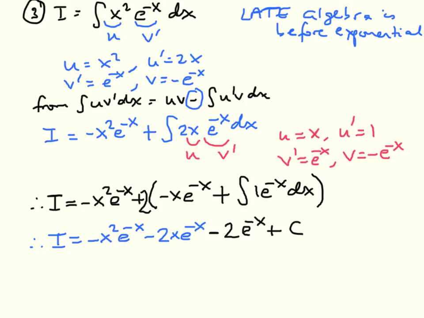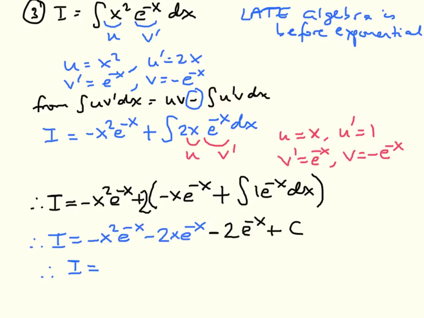And that's our answer, but we can tidy it up a little bit in a way that for a differentiation check makes life a lot easier. So I'm going to say that therefore we conclude that I is, now we look at that, minus, minus, minus, that's an overall factor, and e to the minus x is as well.